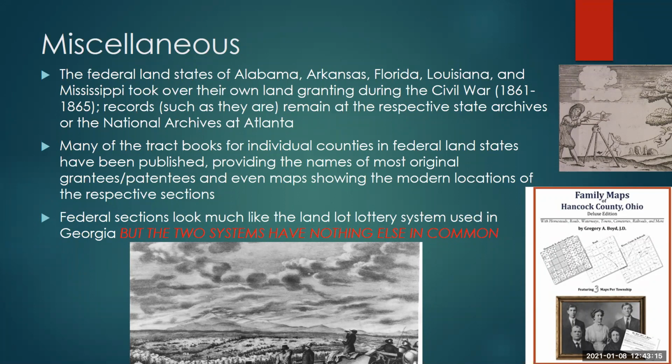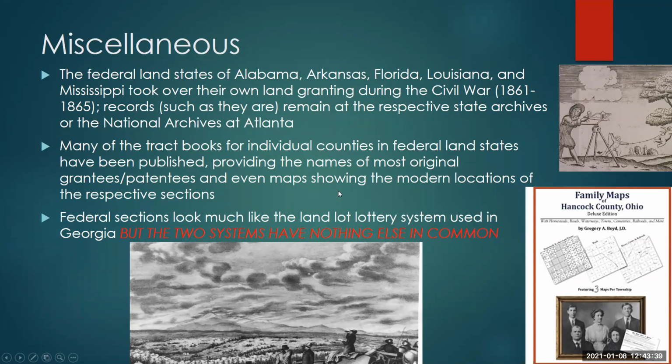Many of the tract books for individual counties and federal land states have been published. And they usually have really cute names like Coleman County Homesteading or Homesteads or something like that. We have an example one here, Family Maps of Hancock County, Ohio. This is actually just a publication of the county tract book.